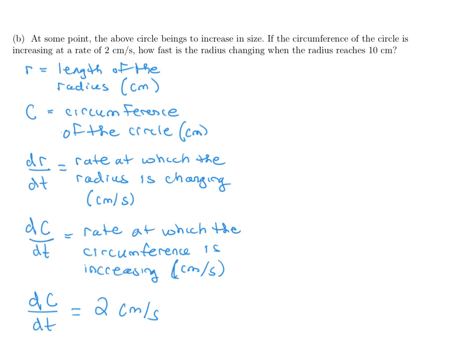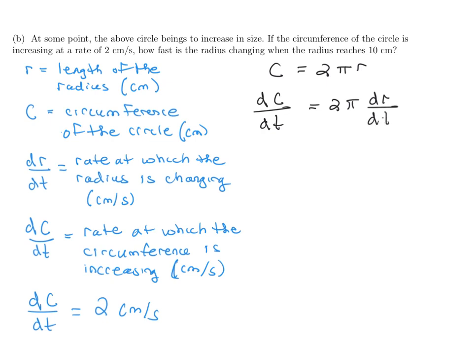Can we choose an equation that connects C and r to figure out how these two rates connect to each other? That formula is stated in the problem. The circumference is equal to 2 pi r. If I differentiate both sides with respect to t, dC dt is equal to 2 pi. This time, since you're just taking the derivative of r to the first, we have dr dt.